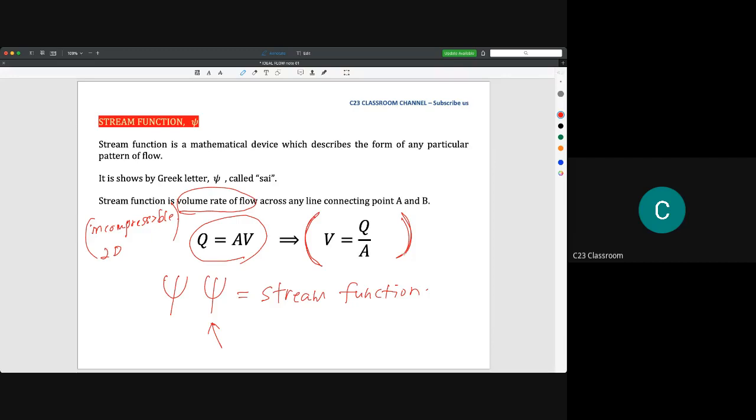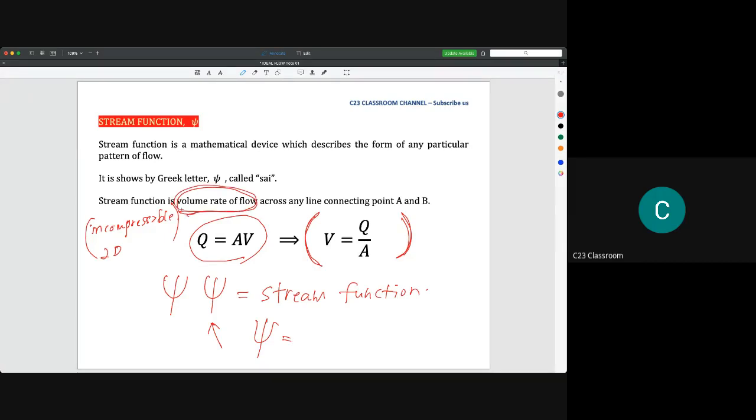But in ideal flow, in these topics in chapter 2, we are not using volume flow rate per se. We are using the stream function. So now you just remember that a stream function actually carries the same meaning as volume flow rate.